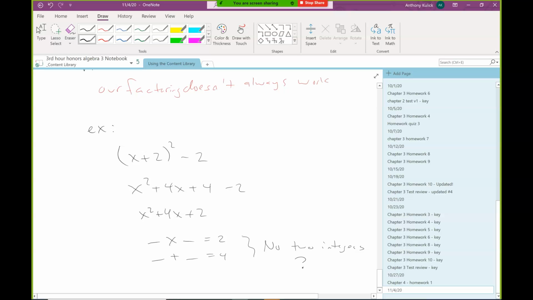We'll get to that later this chapter, but I'm just planting that seed right now and pointing out one of the major drawbacks we have with our factoring technique is that it doesn't always work. It may not always be possible, like in a situation here. Okay with that? So for right now, we can say that that's not factorable. That's fine. We'll clarify what that means as we go further on into this chapter, but that's an okay response for this right now.